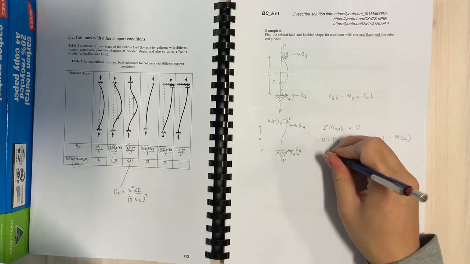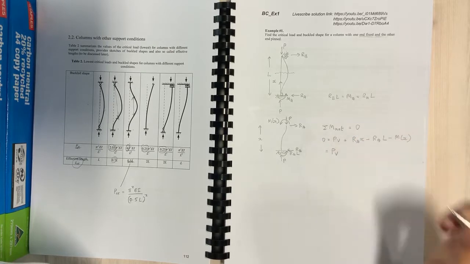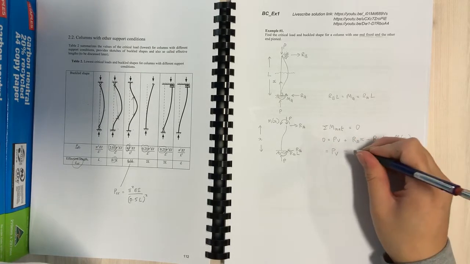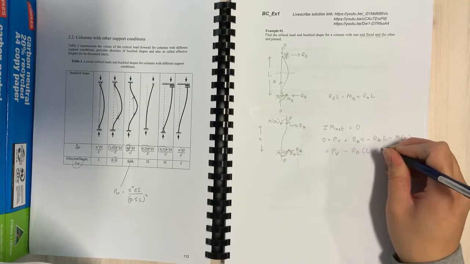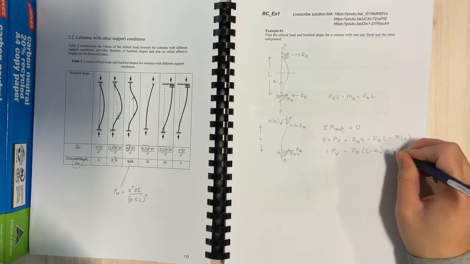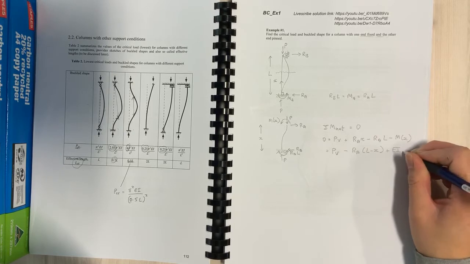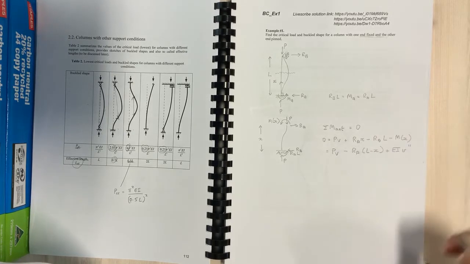And that's going to be equal to PV minus RA (L minus X) plus the bending stiffness EI V double dash.